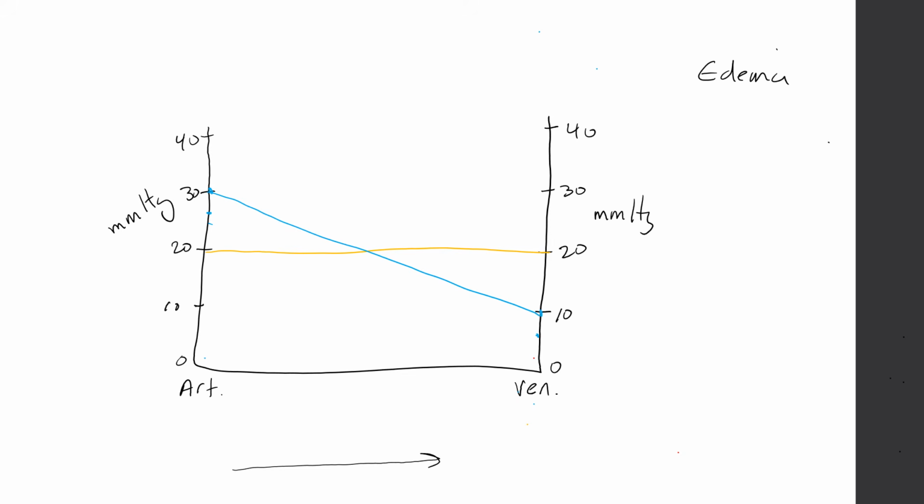Now there are a multitude of things that can cause edema, one of which is referred to as nephrotic syndrome. You will learn more about it in detail later on, but suffice it to say at this point that it's a kidney disorder wherein you lose proteins in your kidney. You should not have any protein in your urine. If you have protein in your urine, that's a sign of kidney damage or kidney disease.